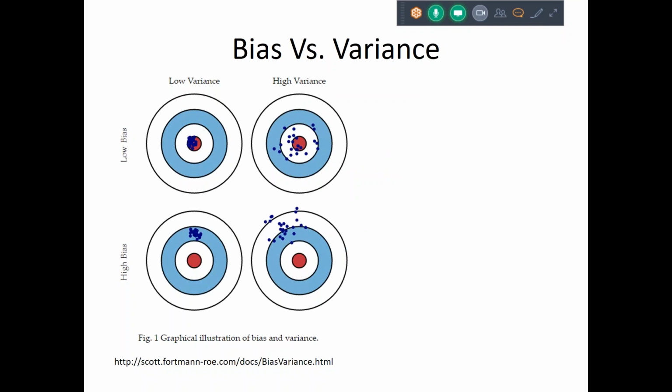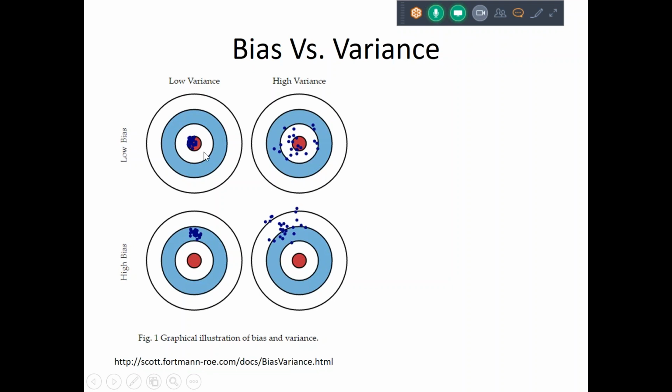For example, this is an illustration I have taken from a website where it has nicely explained what is bias and what is variance. Let us assume we are shooting at a target with a gun, and all of these we are able to hit the target properly.